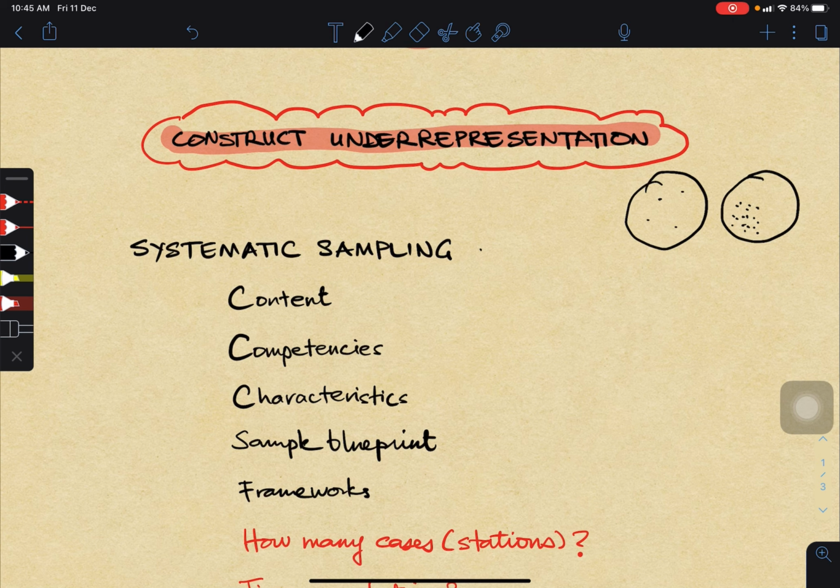Okay, so the key is systematic sampling. And if you remember our general discussion on this, when we talk about sampling, this is the area of content validity, and therefore what's important is the blueprint.